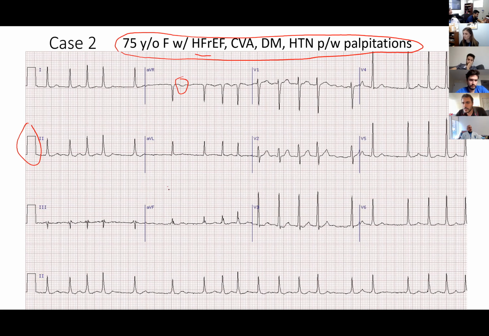So the only way that that would happen would be if there is something making it irregular. As a refresher, narrow complex tachycardia, if it is irregular, think about 4 things. The most important one, which is what the patient has, is AFib.